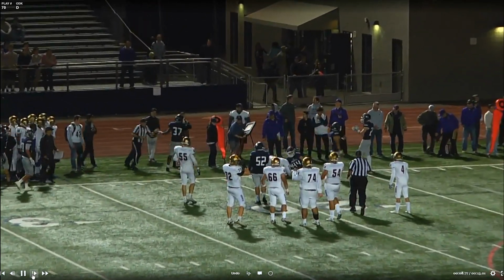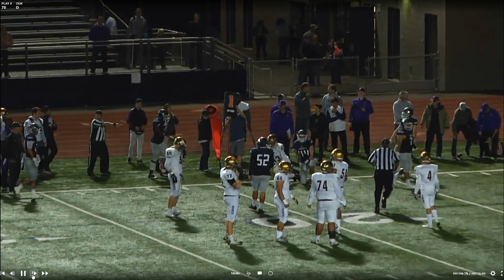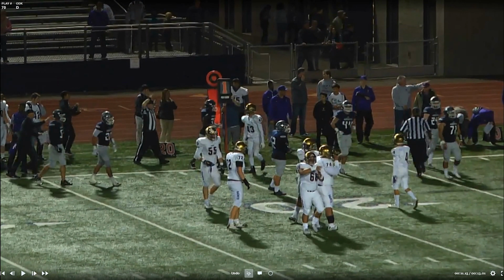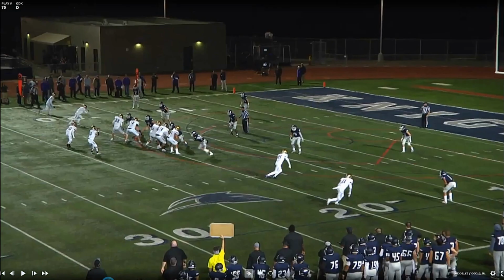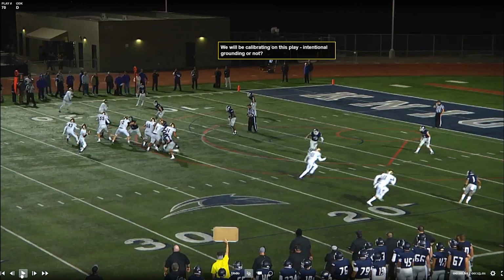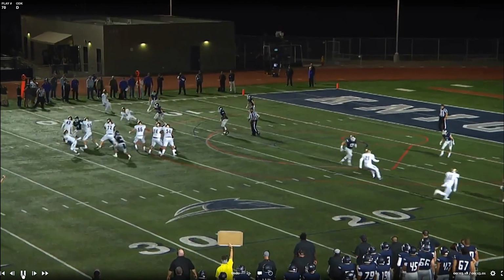Wow, the head linesman almost gets crushed by 37. Okay, great job. Still pointing at the player that was eligible. So Steve's pointing out that block, that's the referee's job to watch that particular block. And the calibration I explained to you, that's a new tool that San Diego's using.